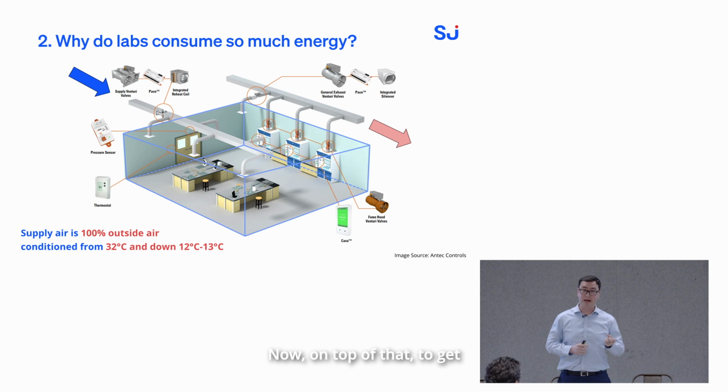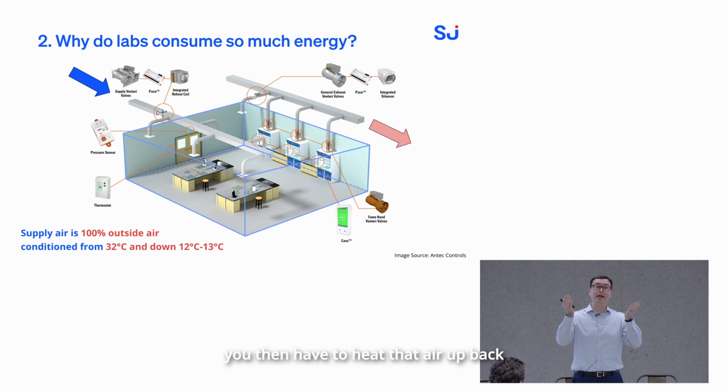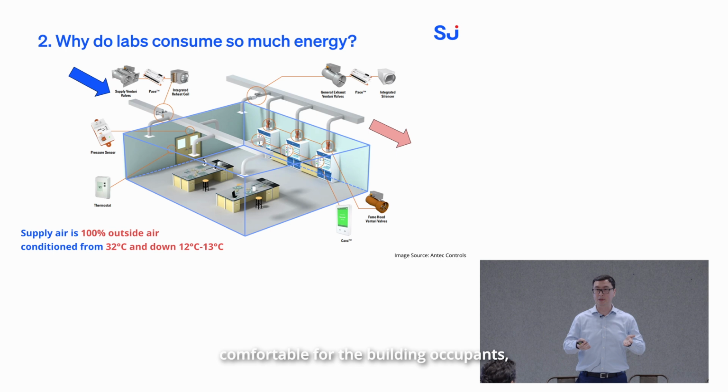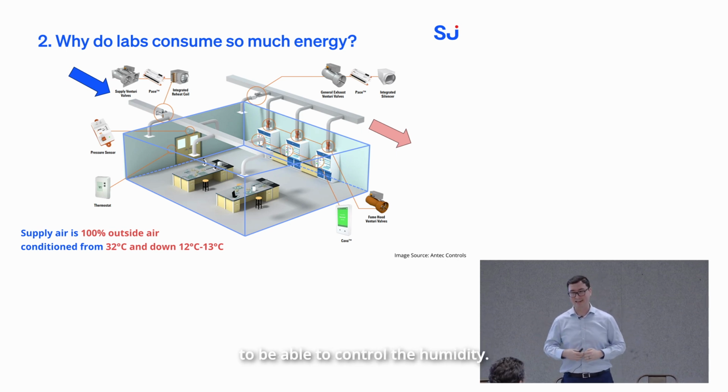Now, on top of that, to get the right relative humidity, what's comfortable in Singapore is between 60 to 65% RH, you then have to heat that air up back to a level that's comfortable for the building occupants. Which sounds crazy, right? We cool the air and then we have to heat it back up in Singapore just to be able to control the humidity.